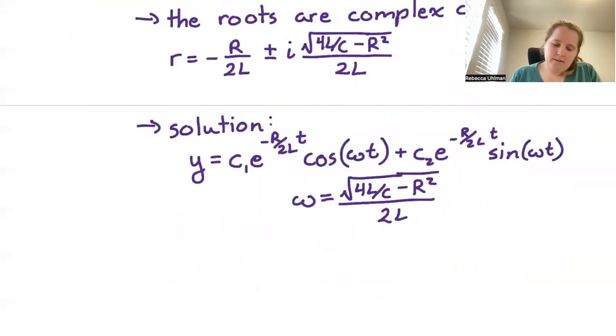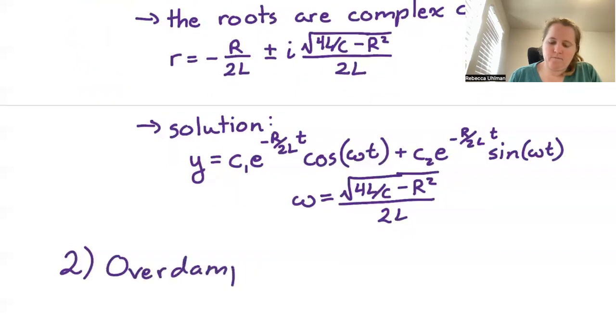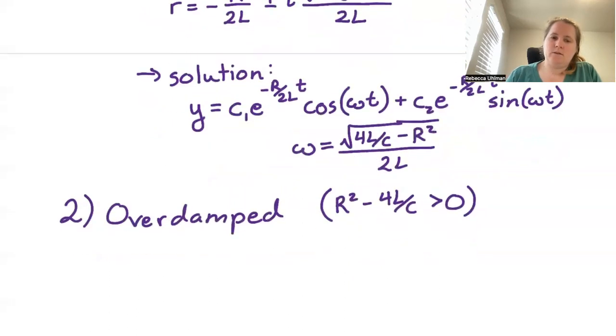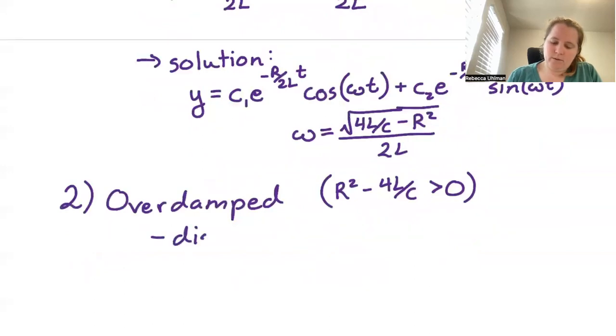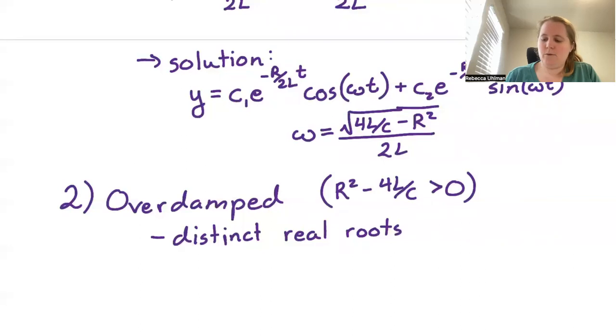Our second case is called overdamped, just like in the spring mass system. The overdamped case comes when we have distinct real roots. So in this case, R squared minus 4L over C is greater than 0. We'll call them r1 and r2, and again, note both are negative.